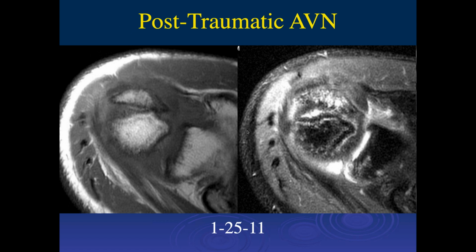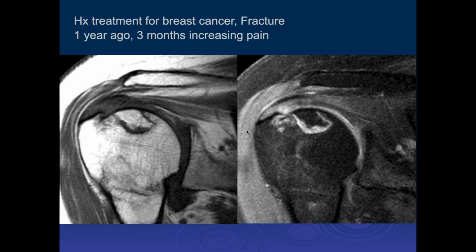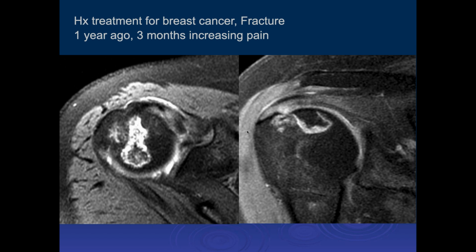Okay, Michael. History of treatment for breast cancer, fracture 1 year ago, 3 months of increasing pain. So we see linear high signal of the superior humeral head, kind of similar to the one we just saw. I don't know if this could be another case of AVN.